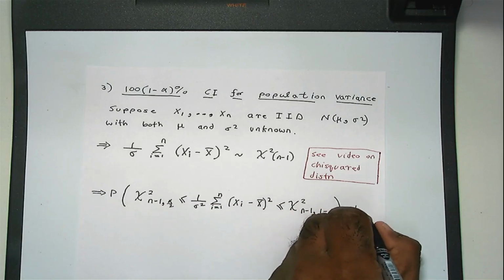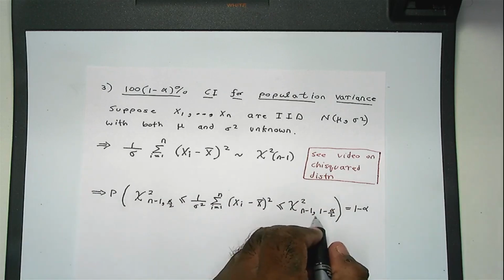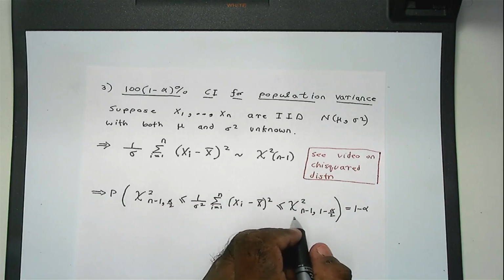These two, once again, are percentiles of the chi-square distribution.